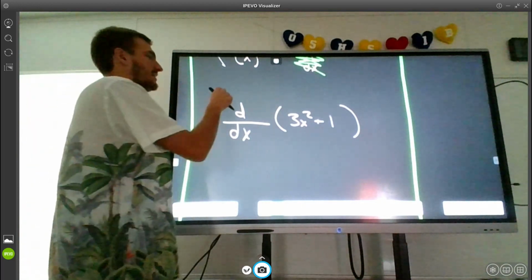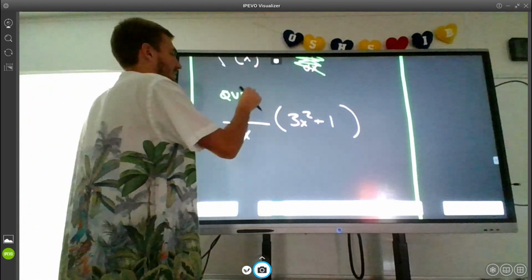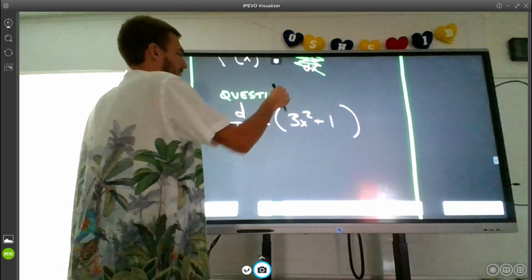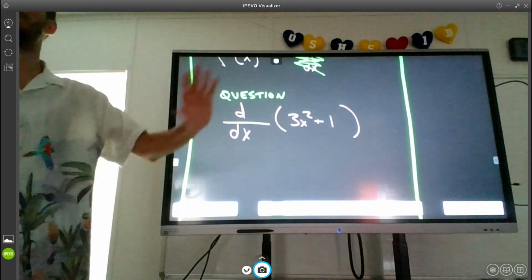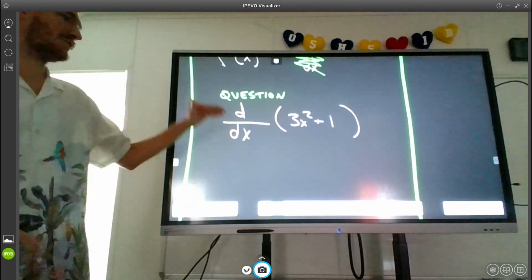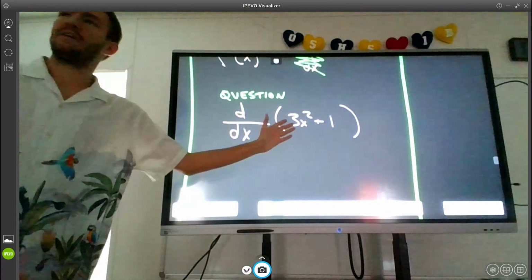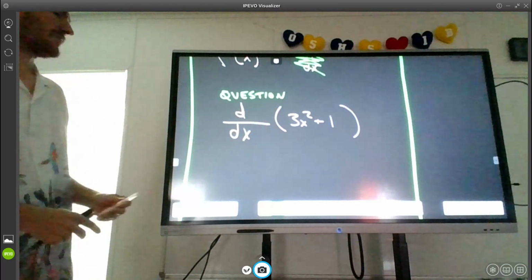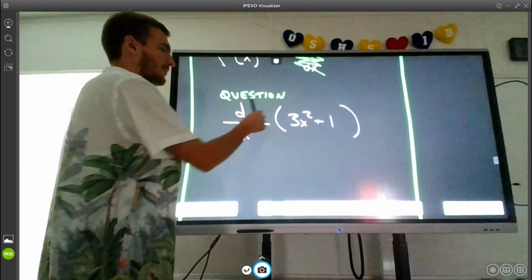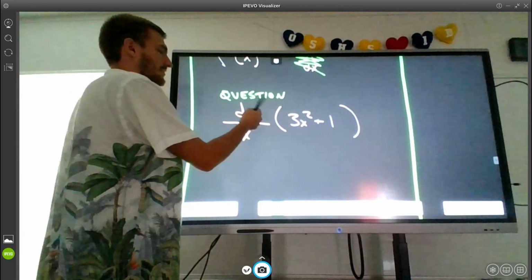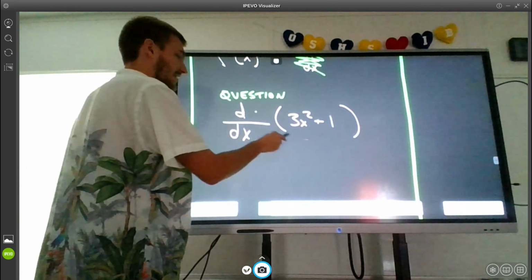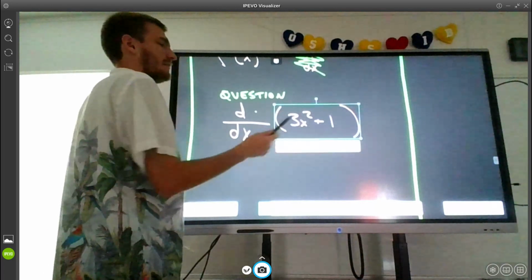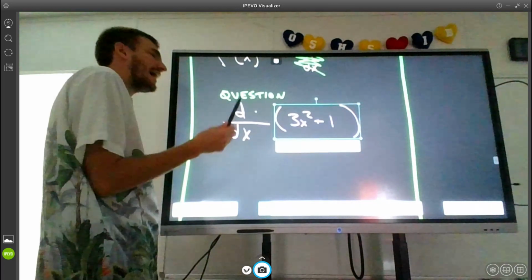This is a whole question wrapped up into one. So sometimes you'll just see a question, it'll just say number 2, d over dx of 3x squared plus 1. Think about that. What we're missing here is a little y, or a little function. And then what we're followed with is a function.